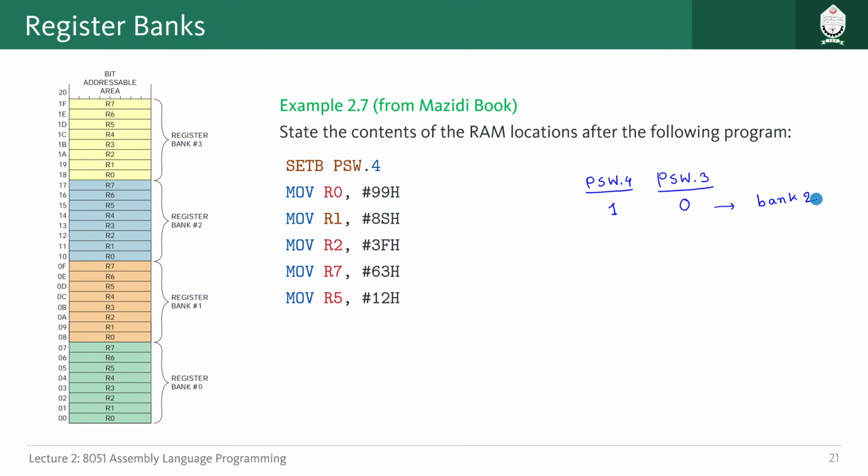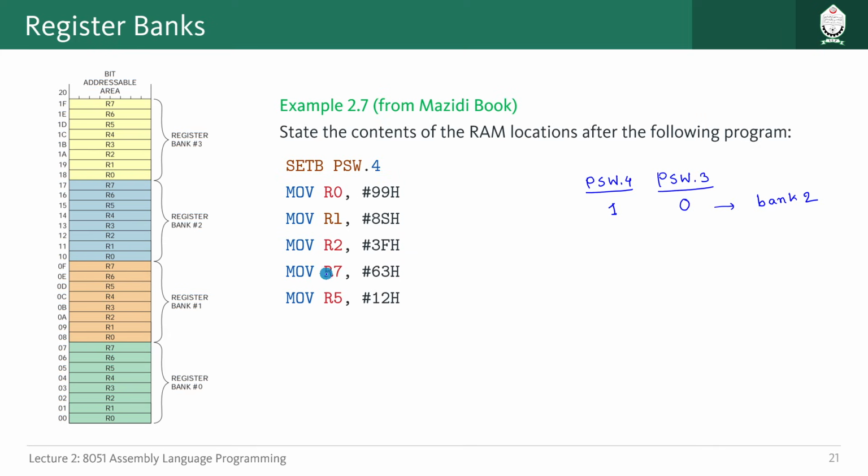If we have selected bank 2, then when we address R0, R1, R2, R7, these are actually part of bank 2 now. So these are the registers we have, right? If we move any data to R0, we are actually storing data onto this particular location called 10H.